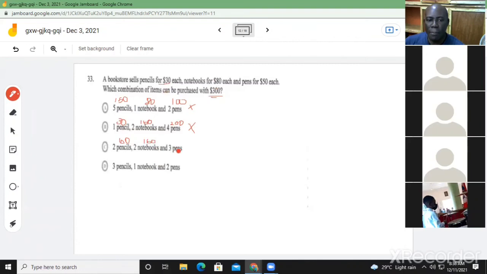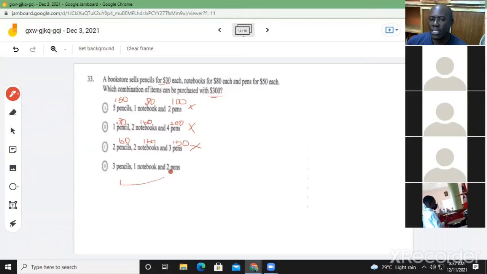And then 3 pens, $50 for 1 pen, so we'll get $150 here for 3. If you put this together, it goes over $300 again, because 160 and 150 pass 300. So we don't even need to check. That can't work.